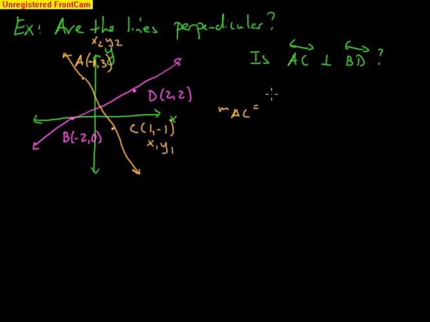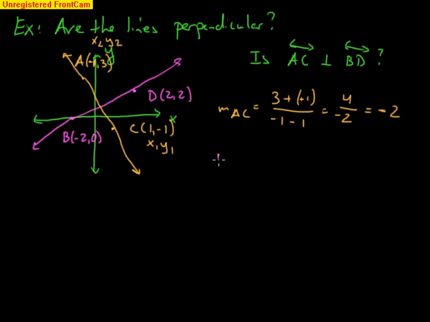So we'll do 3 minus -1, sorry, so that's this 3 minus this -1 over -1 minus 1. Change your double signs. We get 4 on the top, we get -2 on the bottom, and the slope would be -2, right, if you divide. So there's the slope of line AC.